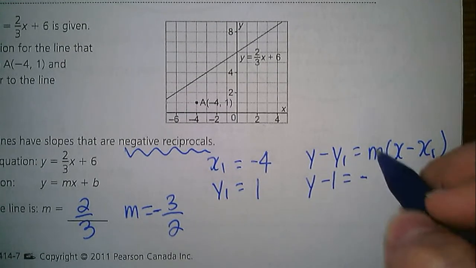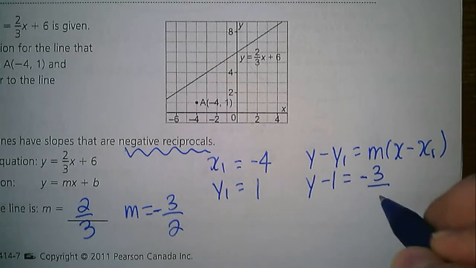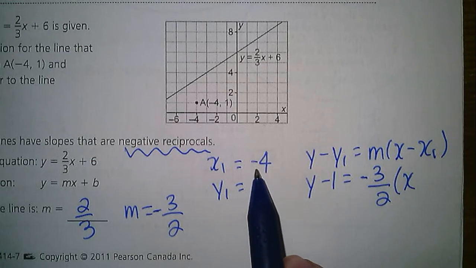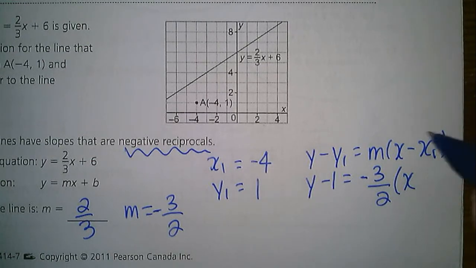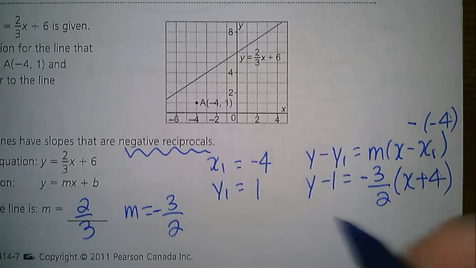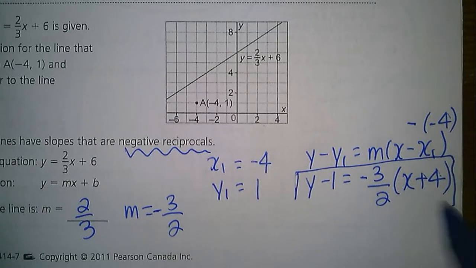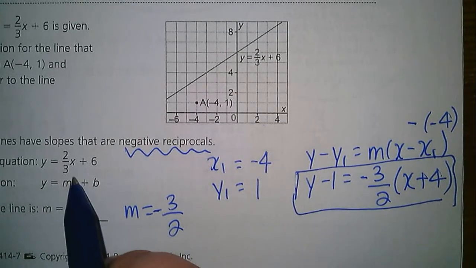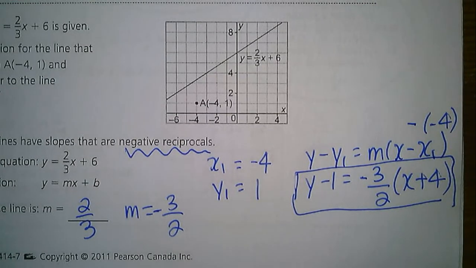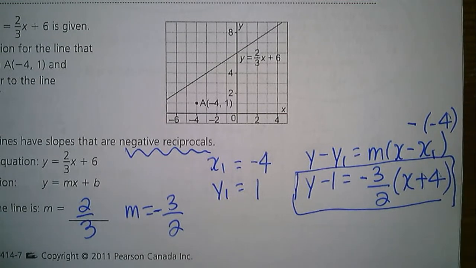Then I'm going to input my m value, -3/2, x, and this is a -4. That means it's going to be the same thing as minusing a -4, and to minus a -4 is to add 4. And there is my final answer. So this line is perpendicular to this line. Okay, remember perpendicular, they have negative reciprocals for their slope value.